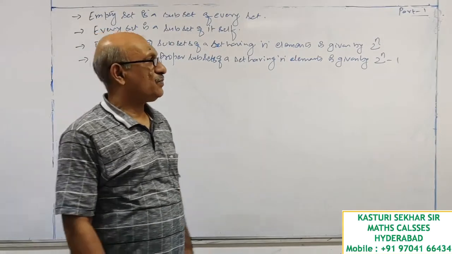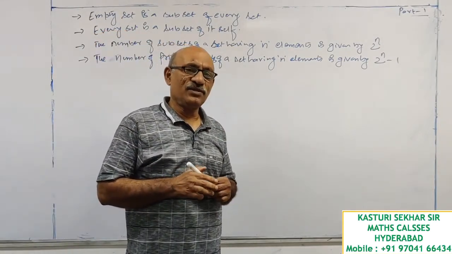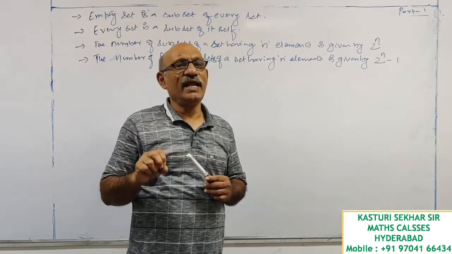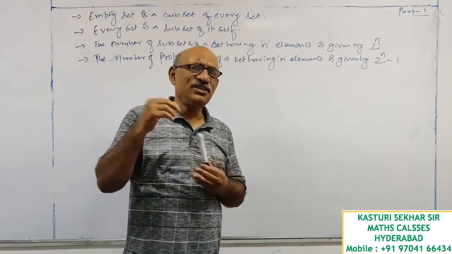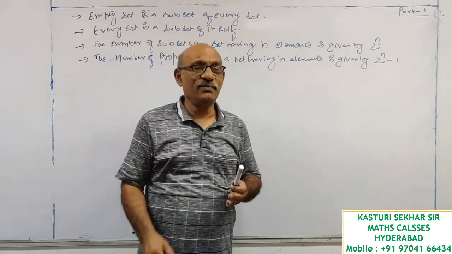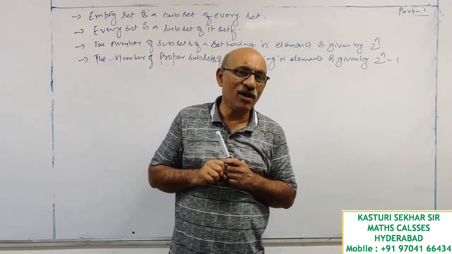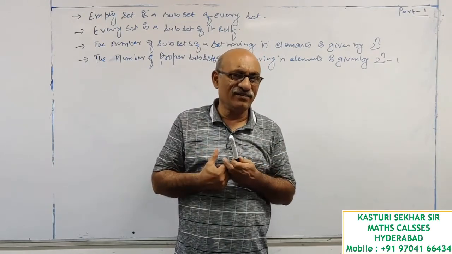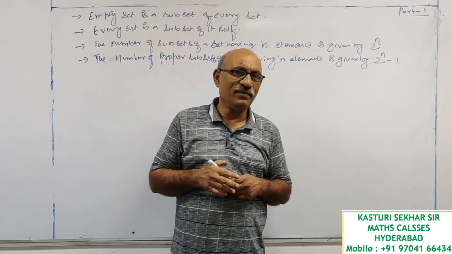What does it actually mean? You are eliminating the option of not selecting any element from the total. When you say proper subset, at least one element you have to select. Then it is called a proper subset, meaning the selected set has at least one element.